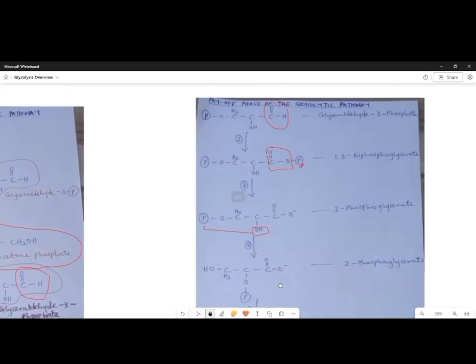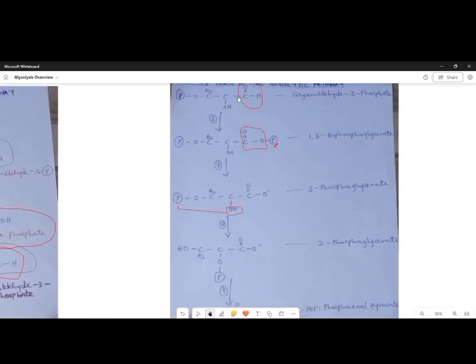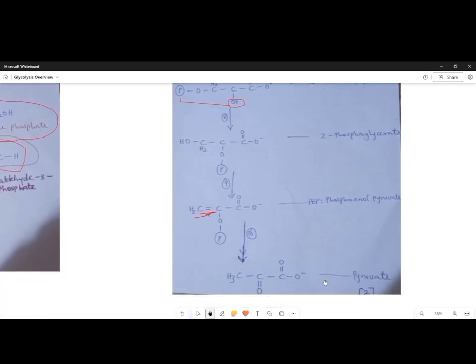The other glyceraldehyde 3-phosphate produced will also undergo this exact same step, producing two molecules of pyruvate.